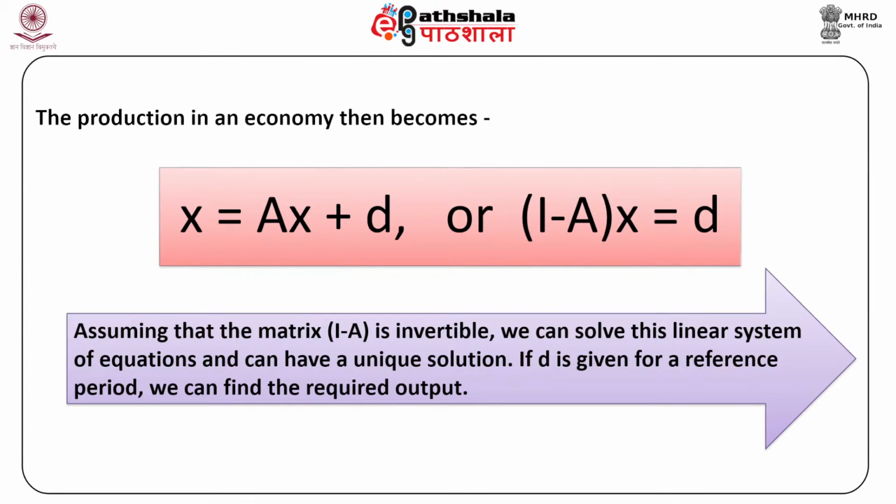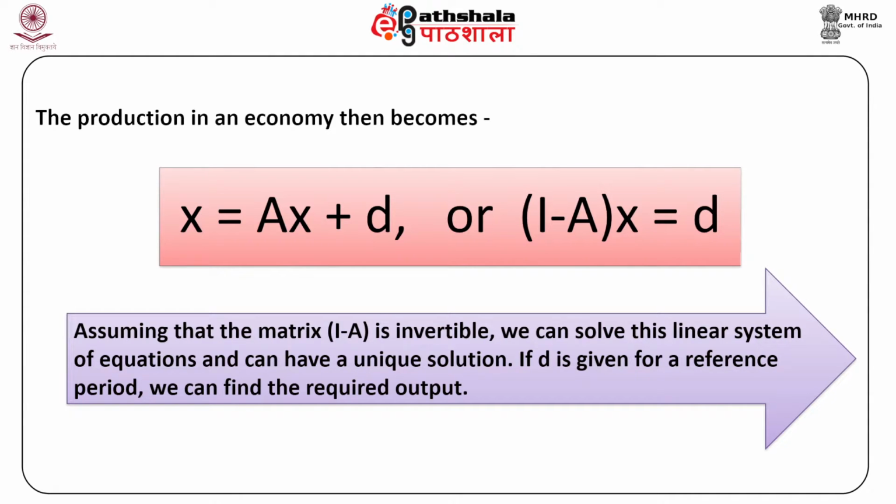Now let A be the coefficient matrix and X be the vector of total output and D be the vector of final demand. The production in an economy then becomes X = AX + D, or (I minus A) X = D.